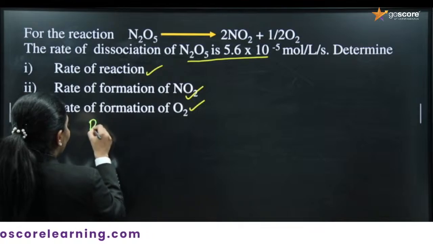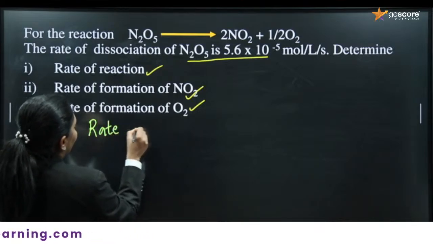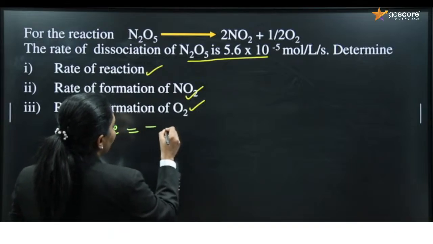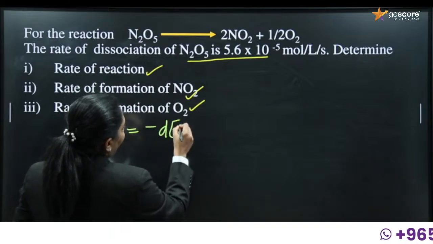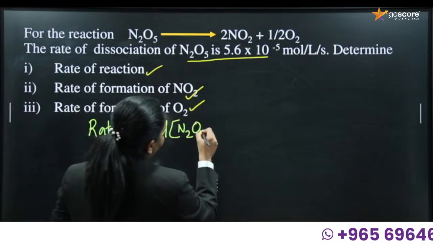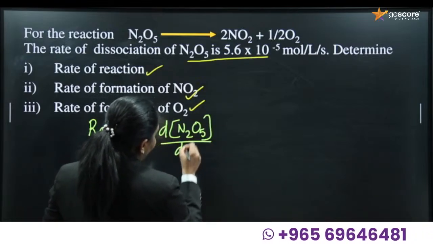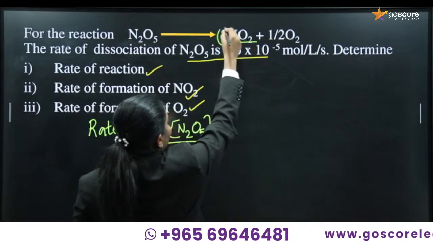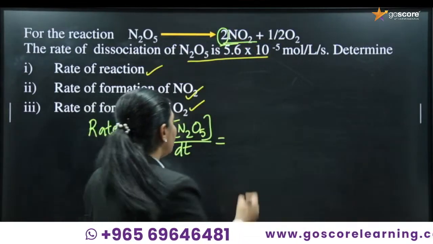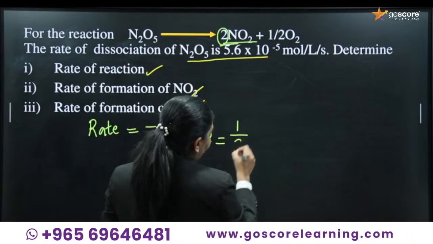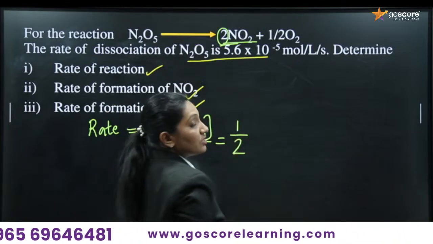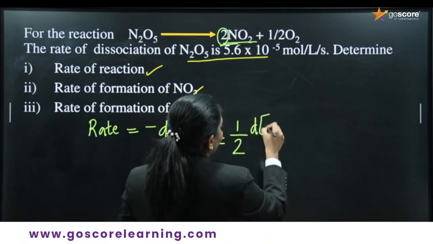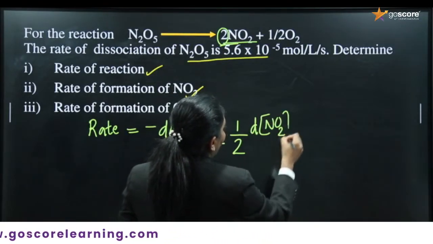So try to write the rate of the reaction. The rate is equal to what? In terms of reactant, we can write it as minus d N2O5 by dt. In terms of product, for NO2, there is a stoichiometric coefficient 2. So it will be 1 by 2, the reciprocal of the stoichiometric coefficient, 1 by 2 d NO2 by dt.